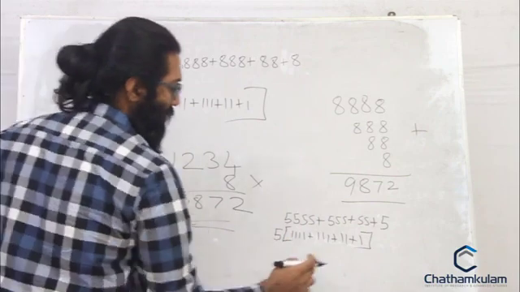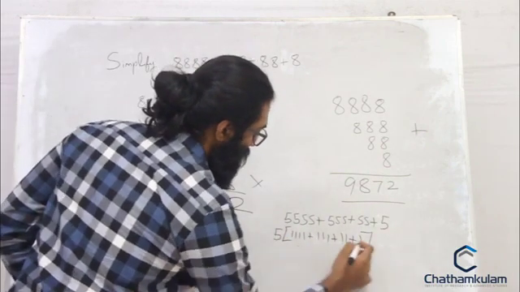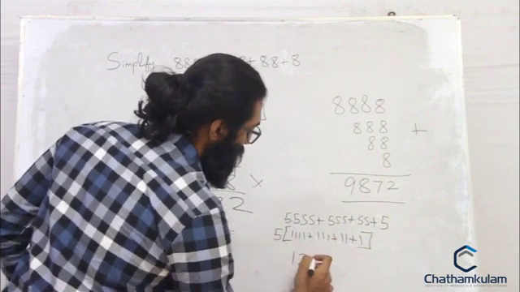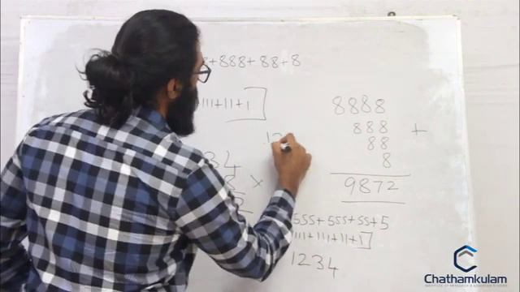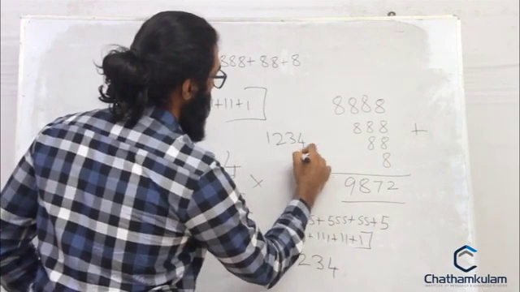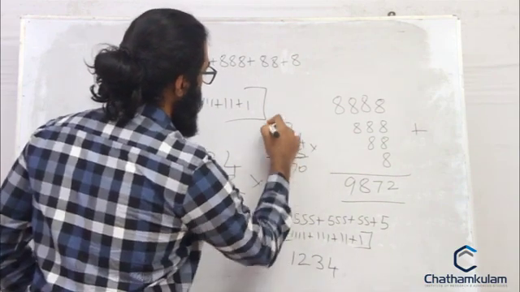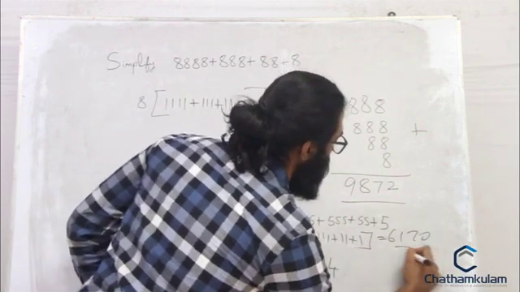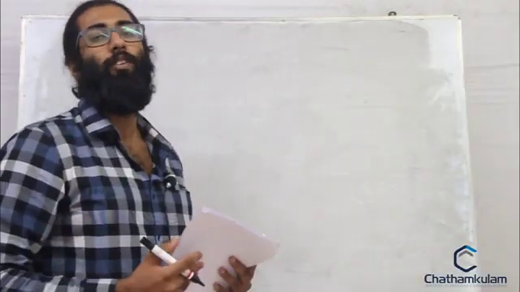So here the number of ones, for this we write 1, for 2 ones we write 2, for 3 ones we write 3, and 4 ones we write 4. So we multiply 1234 into 5, which gives 6170. So we get it in a quicker way. So we will look into the next question.